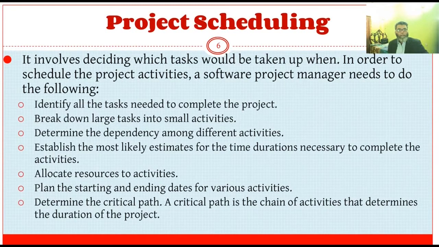Identify all tasks needed to complete the project, break down large tasks into smaller activities, determine the dependency among different activities, establish the most likely estimate for the time durations necessary to complete the activities, allocate resources to activities, plan the starting and ending dates for various activities, and determine the critical path. That is, a critical path is the chain of activities that determines the duration of the project, that we will discuss later.